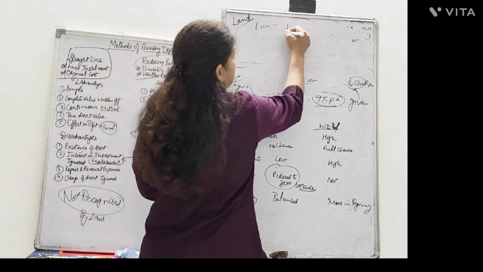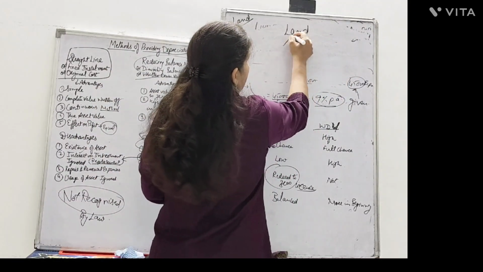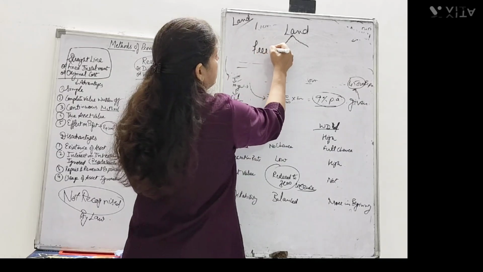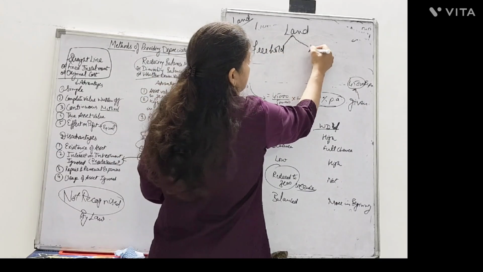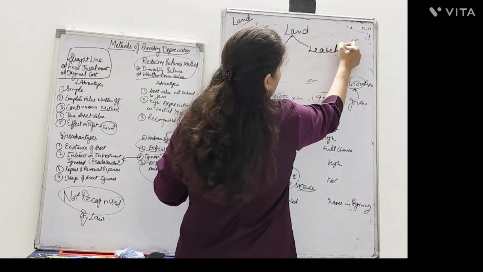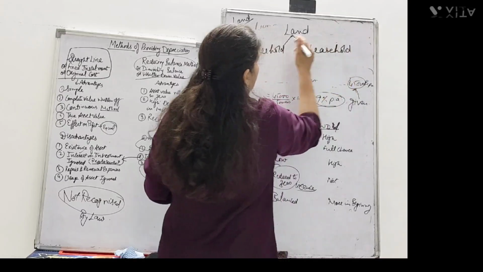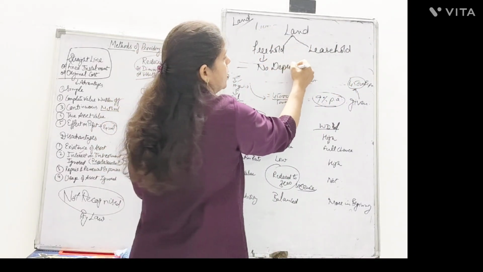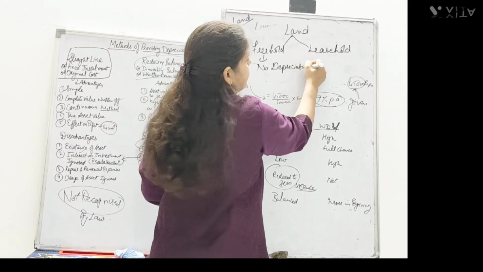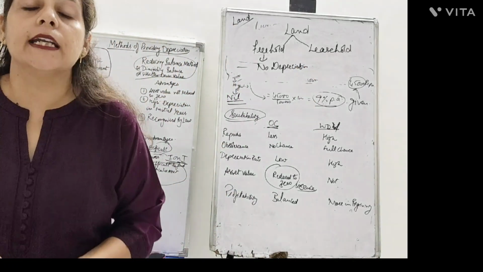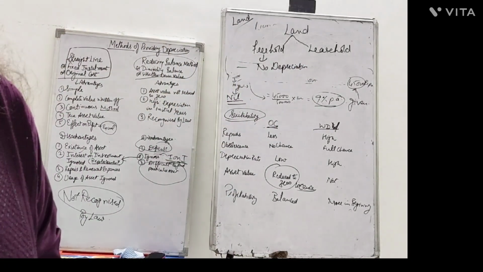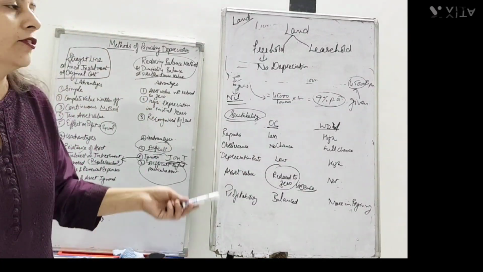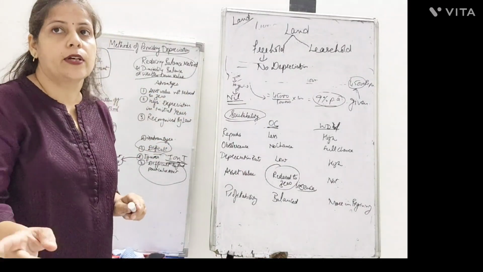Usually you have learned only about land, not about these words, freehold or leasehold. If it is a freehold land, then no depreciation. What is freehold? That means the land is mine, I am the owner, the land papers are in my name, I am the registered owner of the land. That is freehold land, no depreciation.